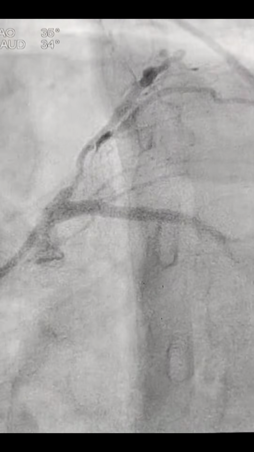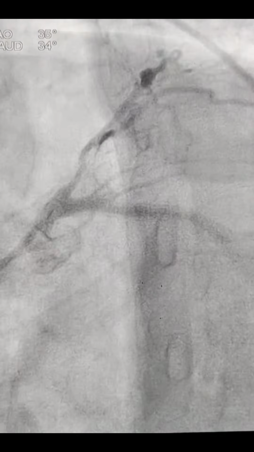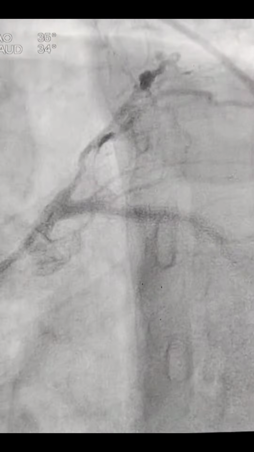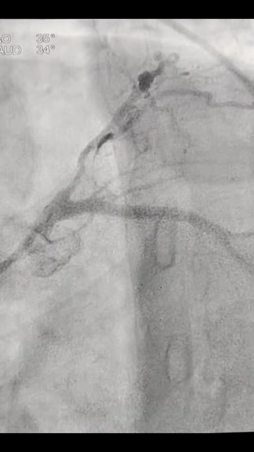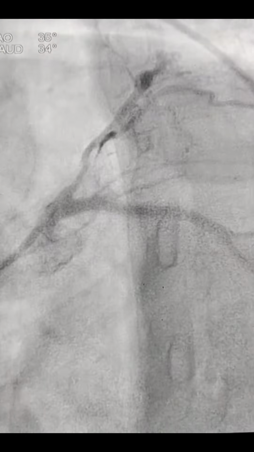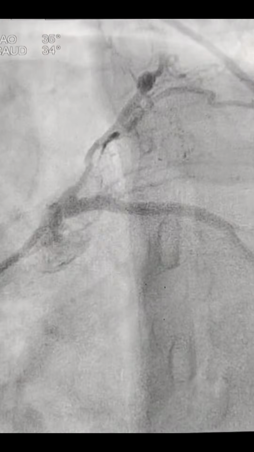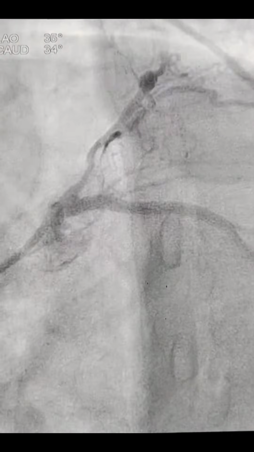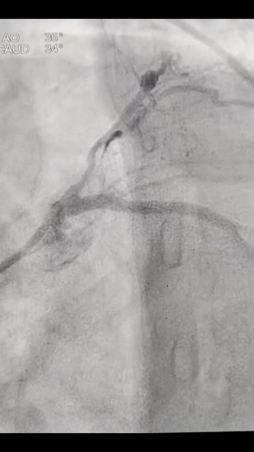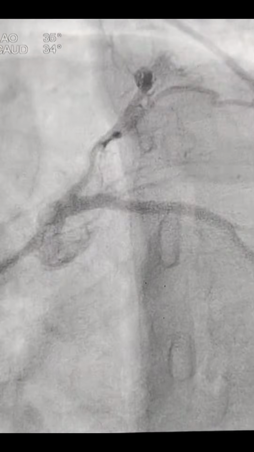Ideally we should do it with imaging, even if it is nail the ostium, but we don't have that in this patient. There's an economic constraint, so we gave them the option for imaging, but they were not willing to do imaging.